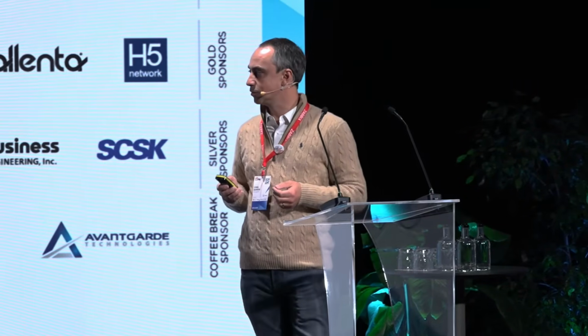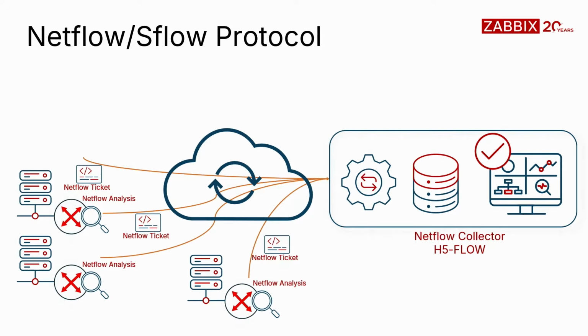Just to explain what is NetFlow. In Zabbix, you are using a lot of SNMP tools, but we can have more network information when we are using NetFlow. NetFlow is based on active equipment on the network, layer 3 network equipment, that sends tickets to a collector.